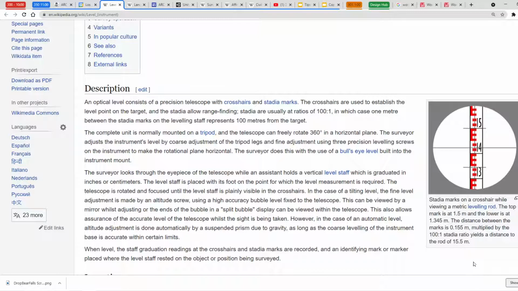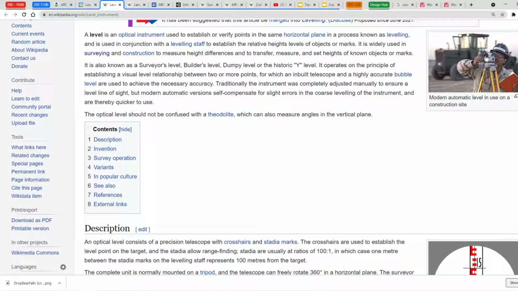It's arithmetic. It's an arithmetic project. So that's kind of cool. So the trick in surveying is always to know the elevation of your site and to make it as level as possible.